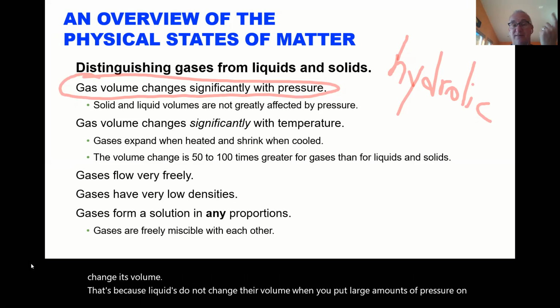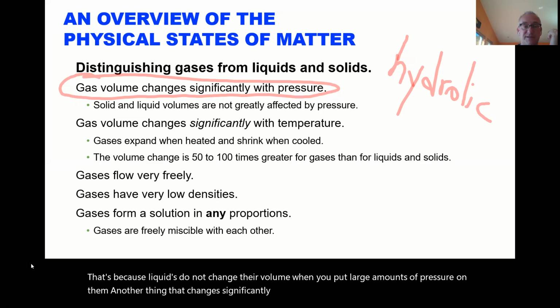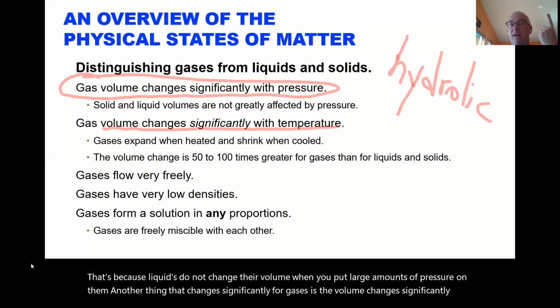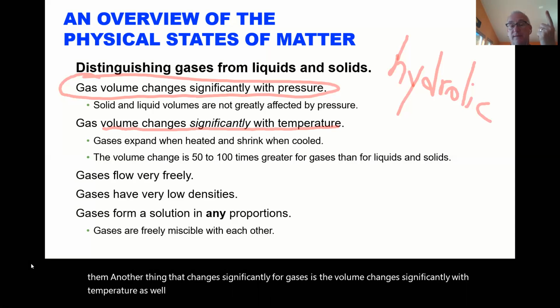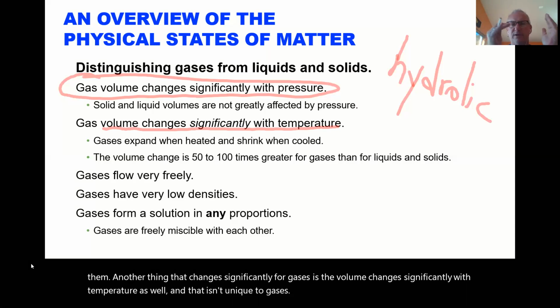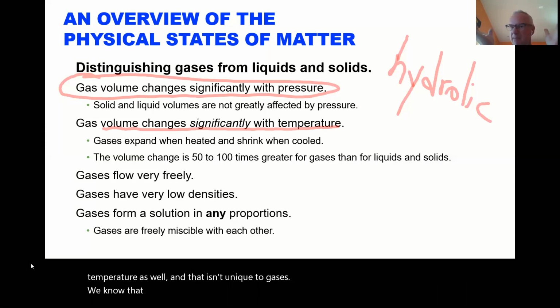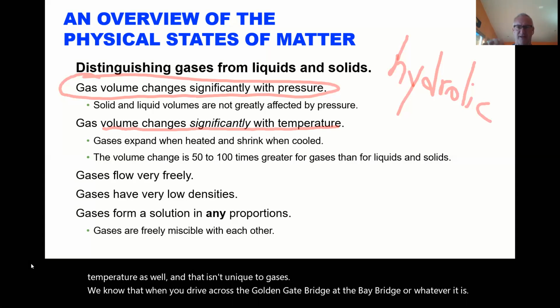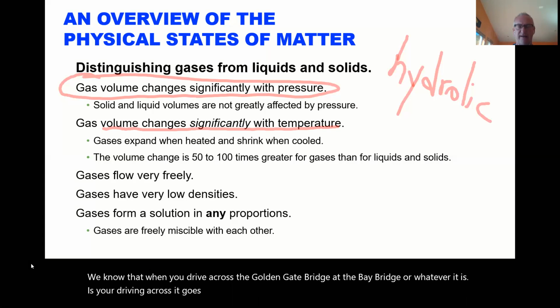Another thing that changes significantly for gases is that the volume changes significantly with temperature as well. And that isn't unique to gases. We know that when you drive across the Golden Gate Bridge, the Bay Bridge, or whatever it is, as you're driving across, it goes click, and then click, and click. There are gaps in the bridge.